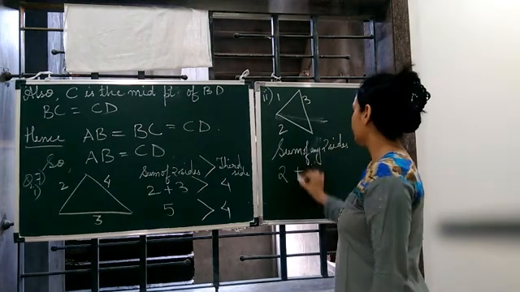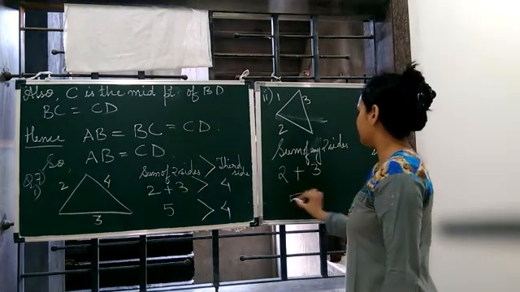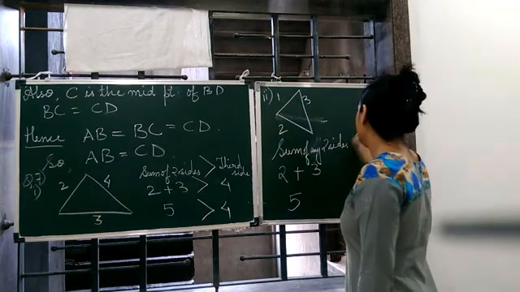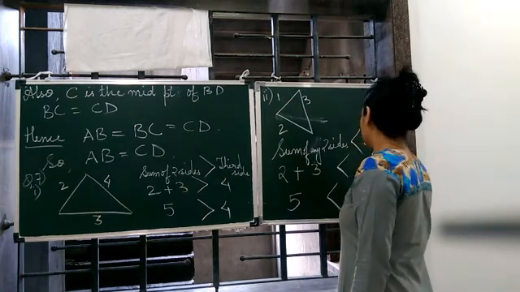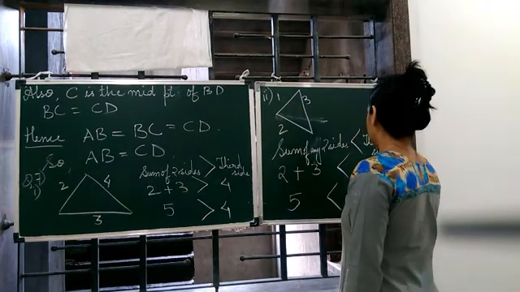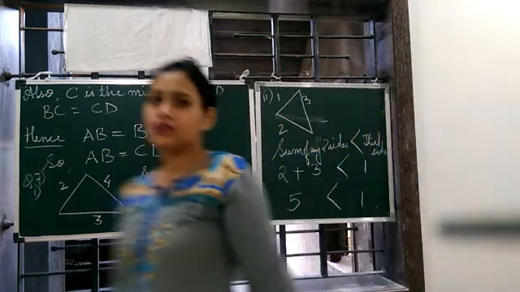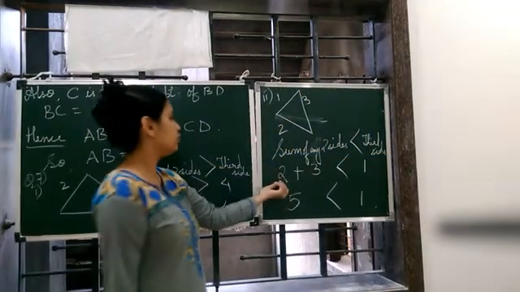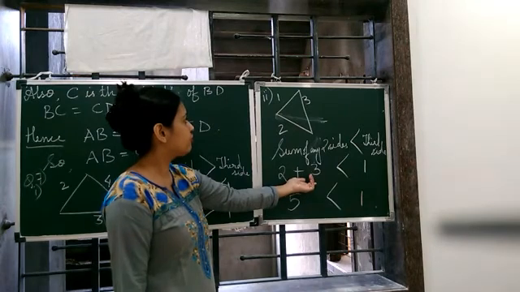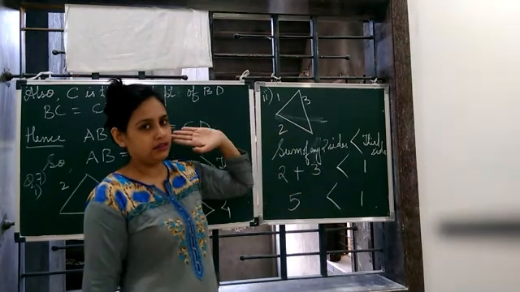So 2 plus 3. Here also we are getting 5. 5 is greater than 1. So greater than the third side. If you change the sides, you take 1 and 3, which will be 4, which is again greater than the third side.